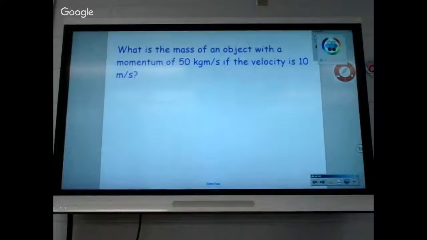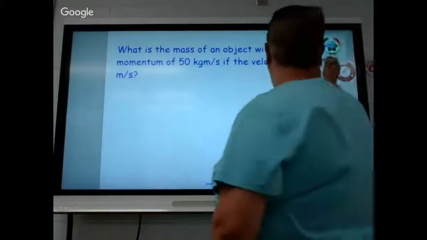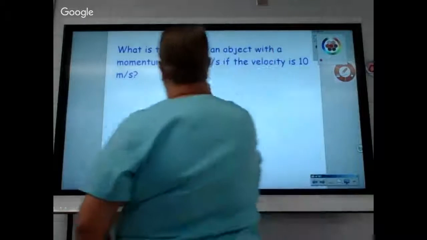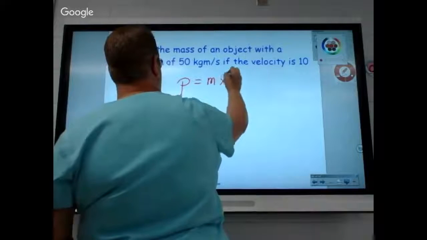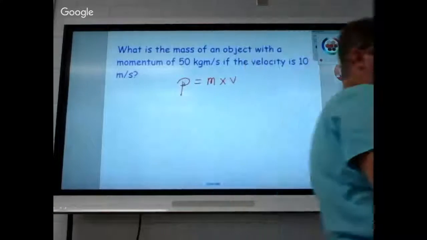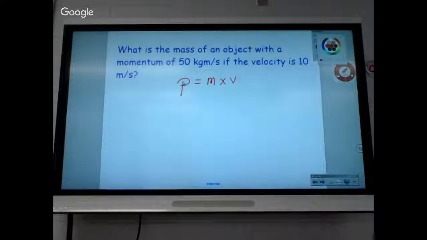All right, so the formula. This is on your reference table. P equals M times V. And if you look at your yellow card, nobody has it out, but if you look at your yellow card, very good. Look at your yellow card, DeAndre.